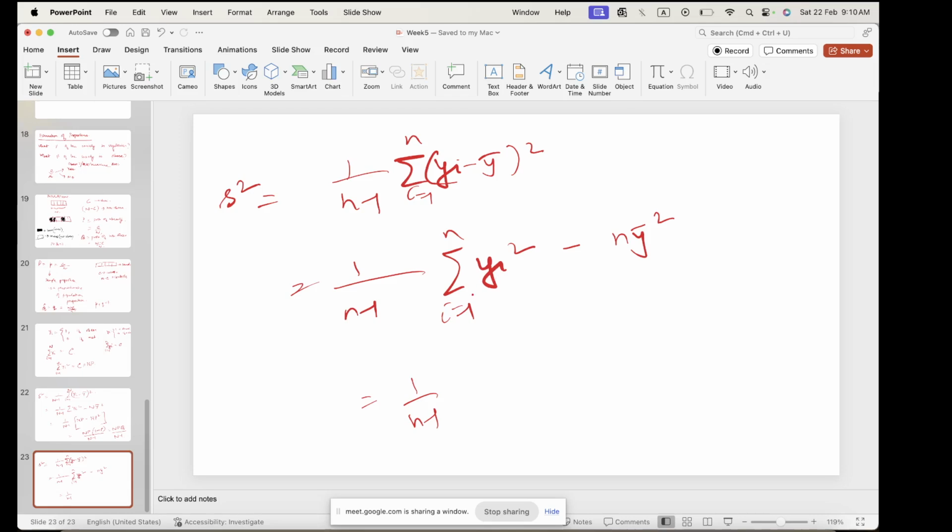Small yi square is also going to give me the number of cases C, or I could write it as n into small p minus n into small p square. So this would be n by n minus 1 into pq.